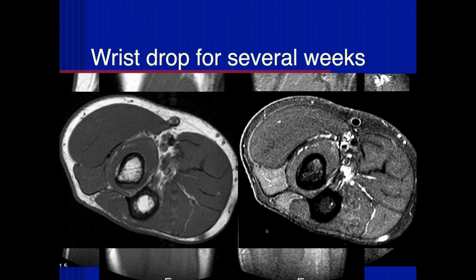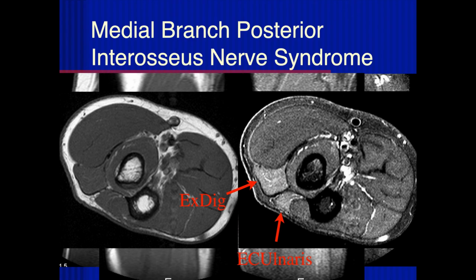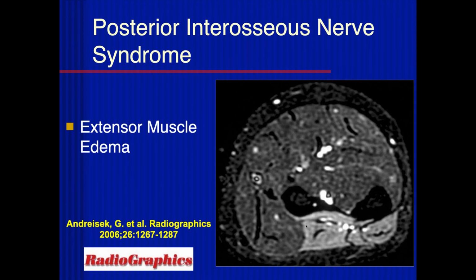And then if we go to the axial images, this is the extensor digitorum and the extensor carpi ulnaris here, these two. And then this was an injury to the medial branch of the posterior interosseous nerve in this location. So in posterior interosseous nerve syndrome, the typical findings for the motor part are edema within the extensor muscles, which we can see back here. Okay.